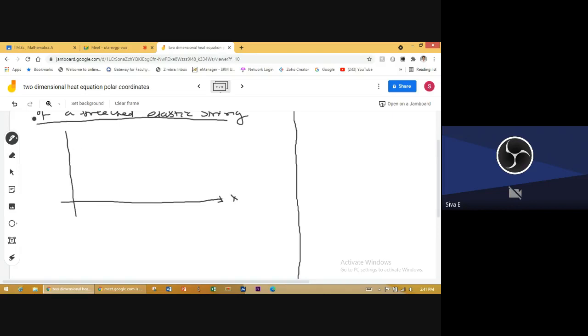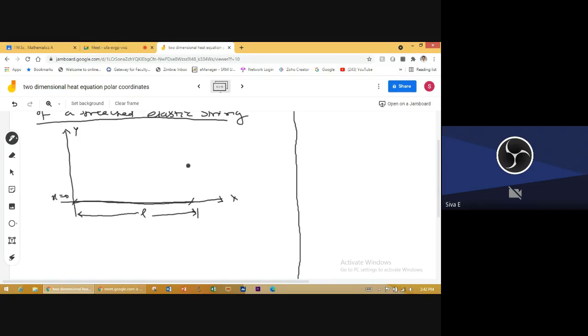This is the x-axis, this is the y-axis. The string of length L has its two ends tightly fixed. What are the two ends?